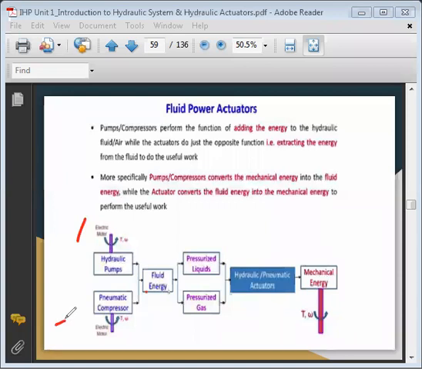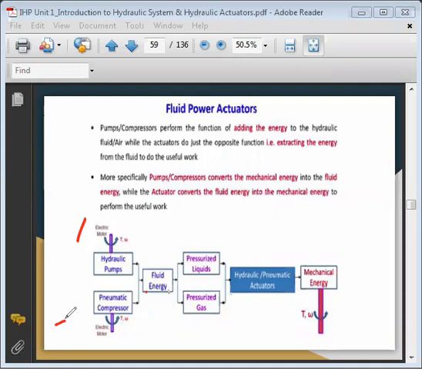Both the hydraulic pump and the pneumatic compressor run through the electrical motor. That means they receive the energy from the electrical motor to run these pumps.